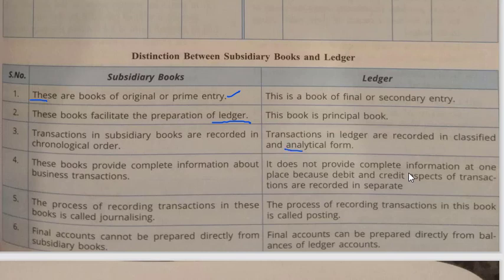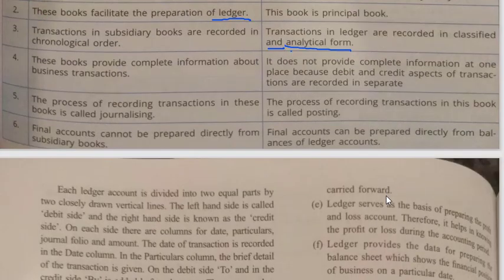So all the points which we have done in the distinction of journal and ledger are the same for subsidiary book and ledger books. Fourth point, these books provide complete information about business transactions, but the ledger does not provide complete information at one place, because debit and credit aspects of transactions are recorded separately.